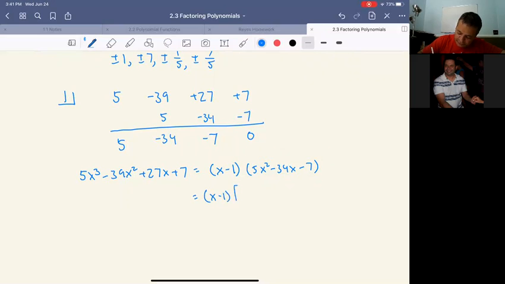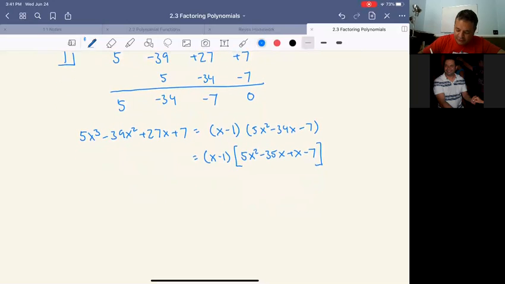So I'm going to write this as x minus 1, and I'm going to do the same thing I did before in that example. 5x squared minus 35x plus x minus 7. Doing factoring by grouping, 5x comes out, x minus 7 plus, oh look, x minus 7.